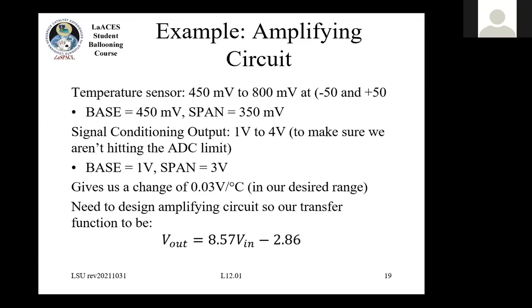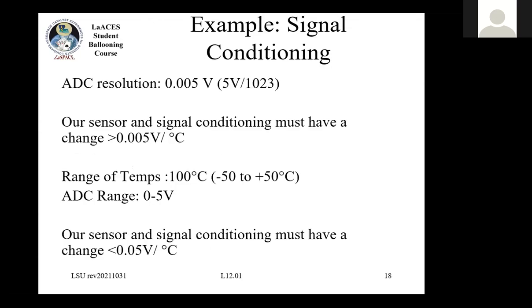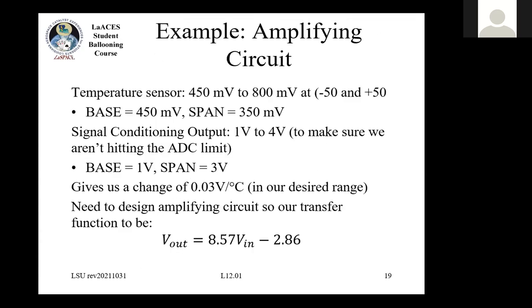So if I look at what that actual change per degree is, if I do the math, I can calculate that at the output, this is going to give me a change of 0.03 volts per degree C. And yep, that is less than this number and greater than this number. So that will actually work.